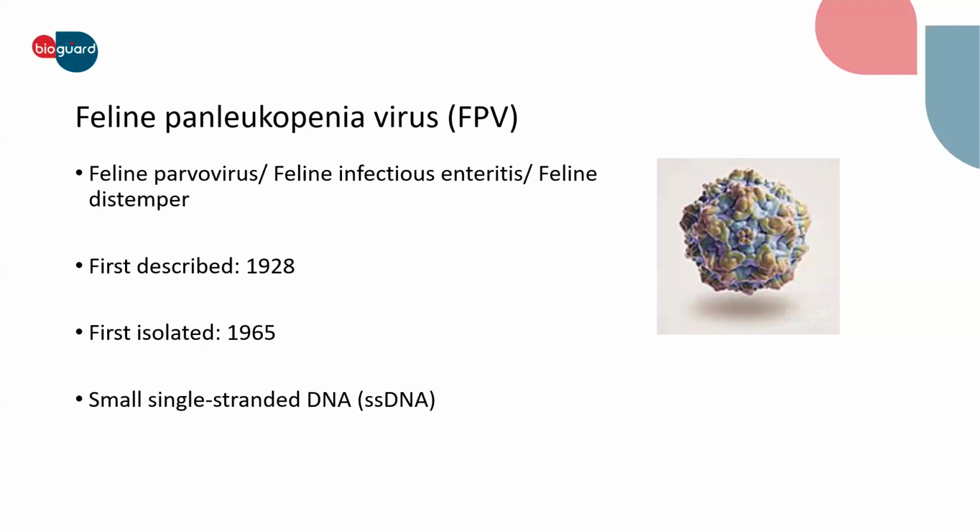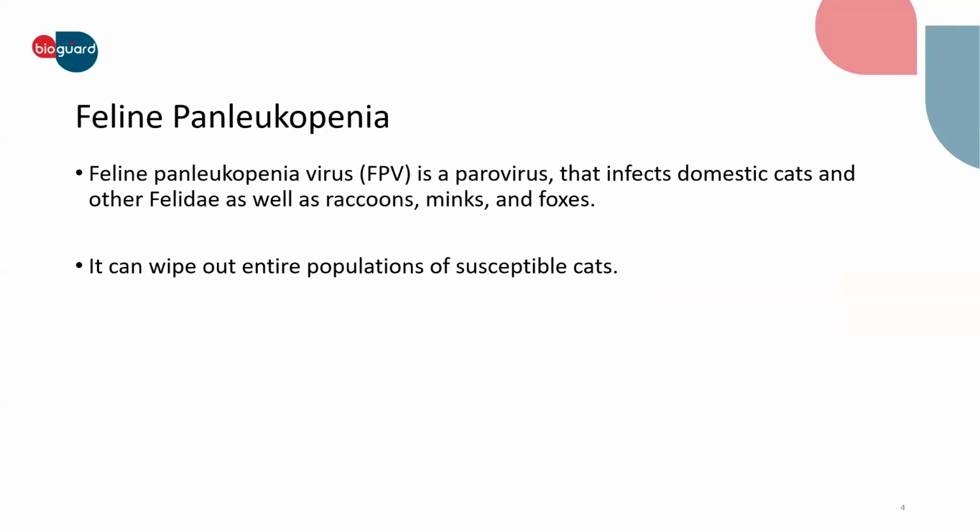This FPV was first described in 1928, almost 100 years ago, and the first FPV virus was isolated in 1965. This is a very small single-stranded DNA virus in our environment.